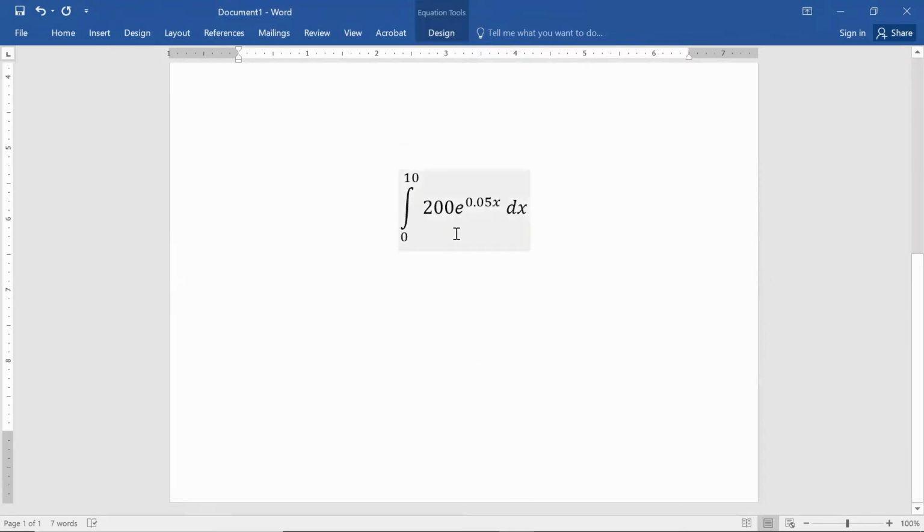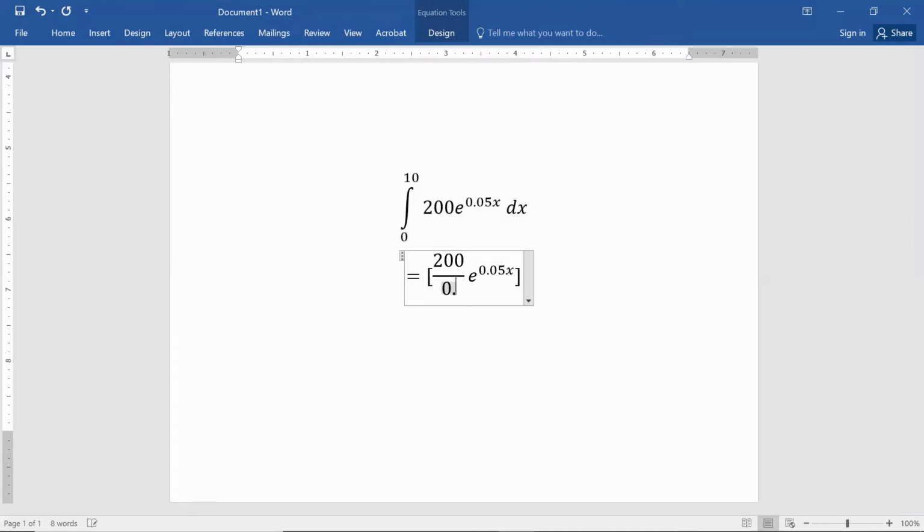Let's take a look at the next example. The antiderivative of e to a linear exponent is e to that same linear exponent, and then I have to take the coefficient and divide it by the coefficient of x in the exponent.